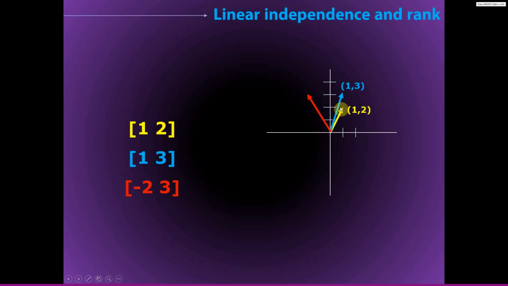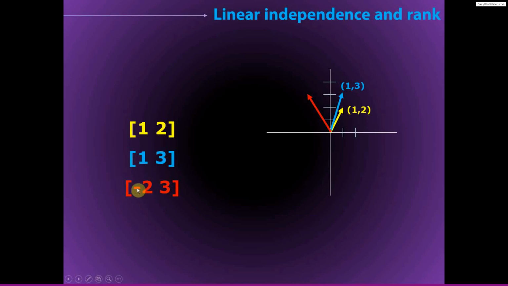It might not seem obvious right now how we do that, but if you imagine scaling this yellow vector negative, so it comes all the way down here, and now you take this blue vector and you scale that up and you add that to the end of the yellow vector, you actually would get here. And you can confirm that here. I forget exactly offhand what the combination is, but I think it's like -9 times this vector plus 7 times this vector or something like that.